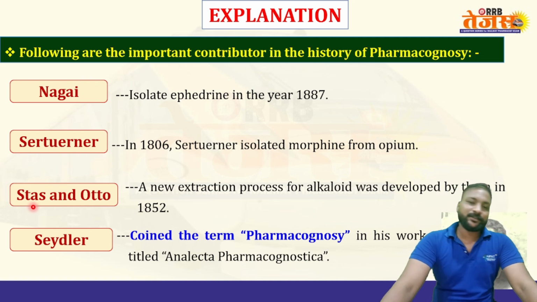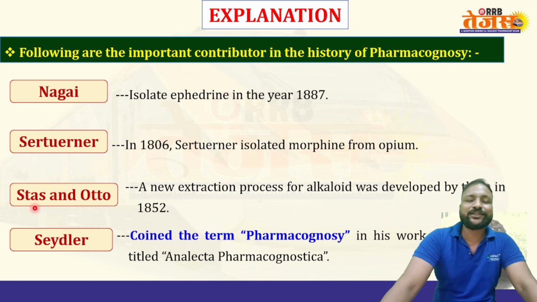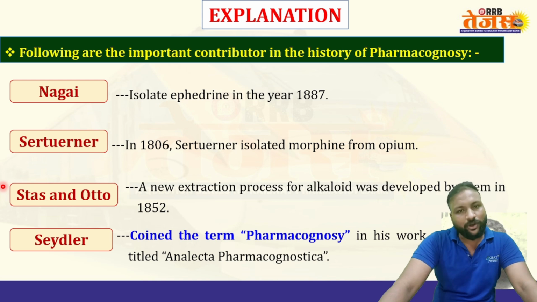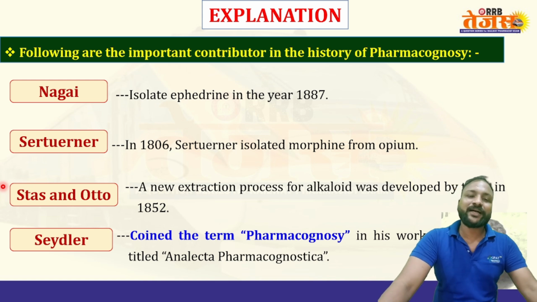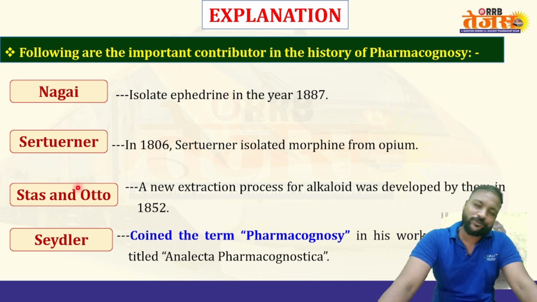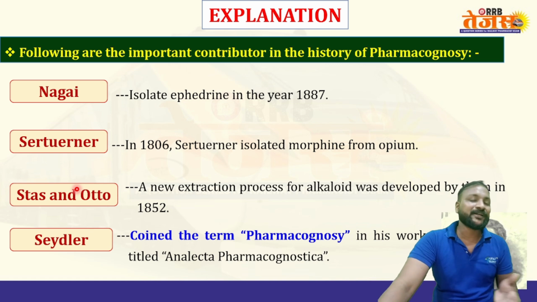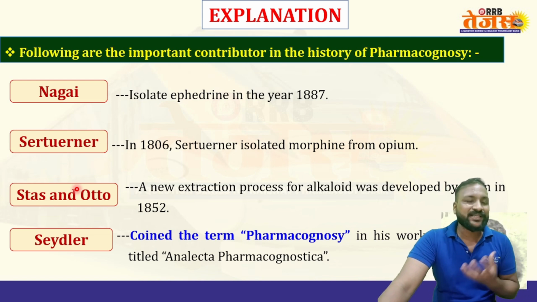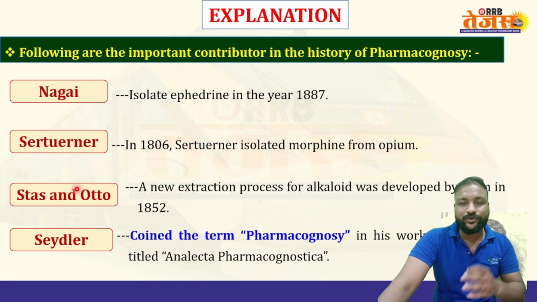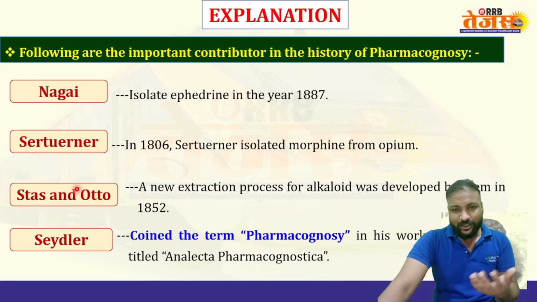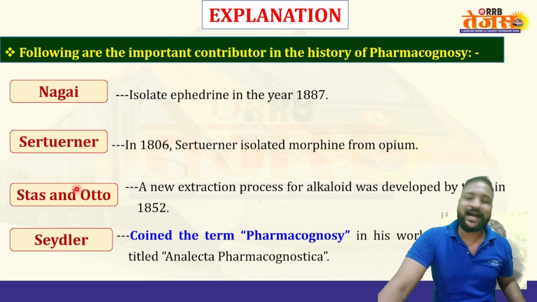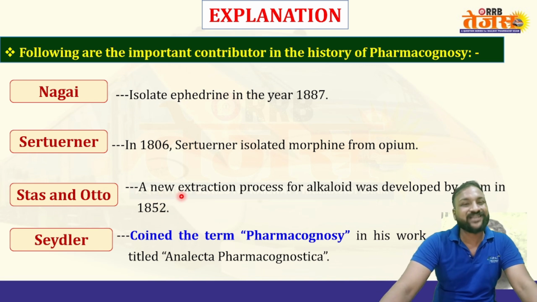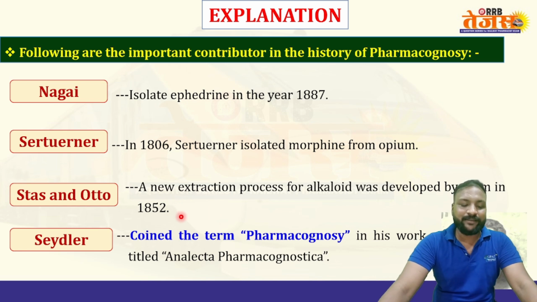And the third option, Stas and Otto. If you have studied pharmacognosy, especially the topic of alkaloids, you can easily remember that Stas and Otto are the two scientists who developed an extraction process especially for alkaloids. Whenever you want to extract any alkaloidal drug, the first and foremost preferable method is undoubtedly the Stas-Otto method. These two personalities developed the new extraction process for alkaloids in the year 1852.